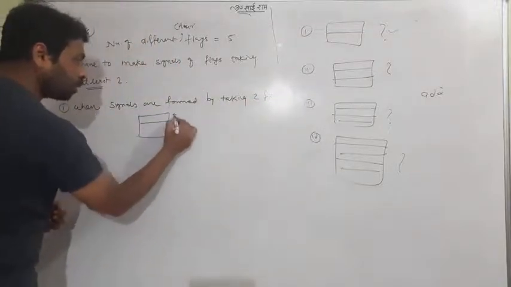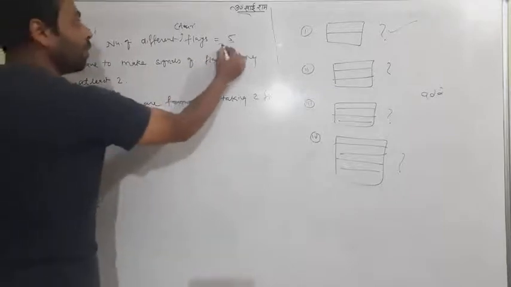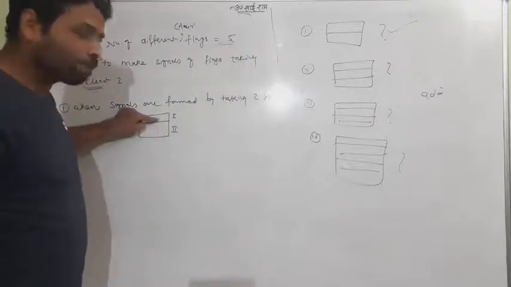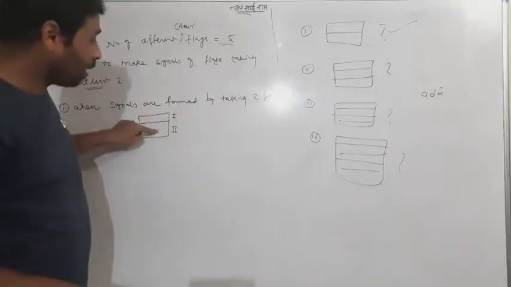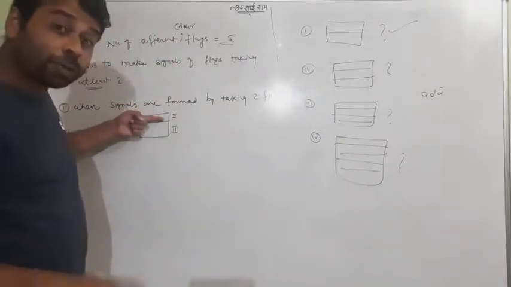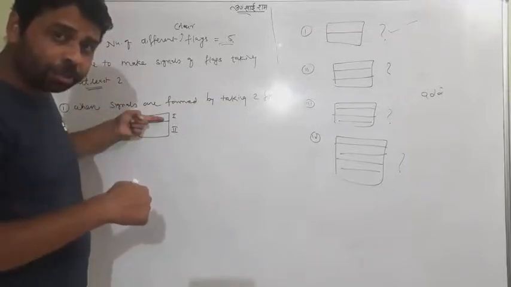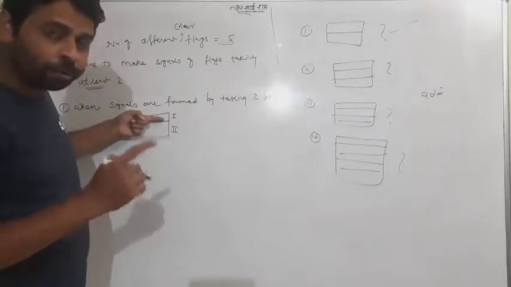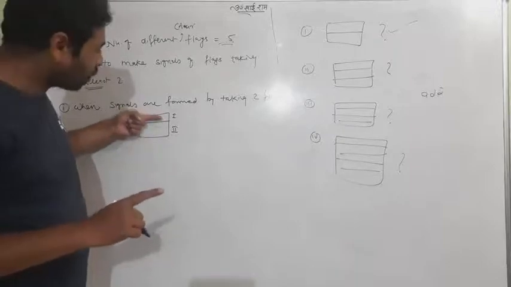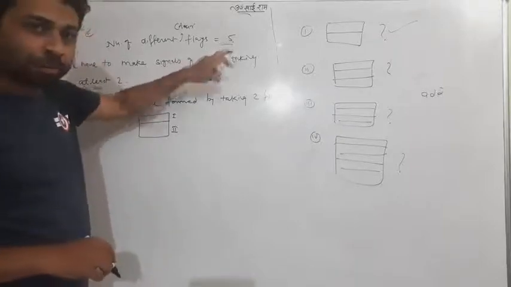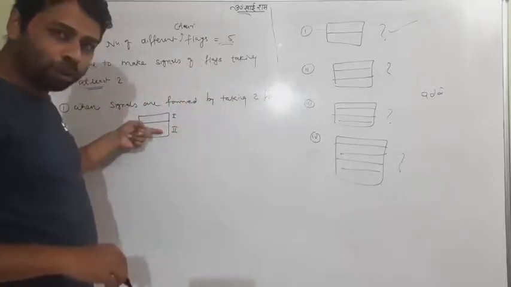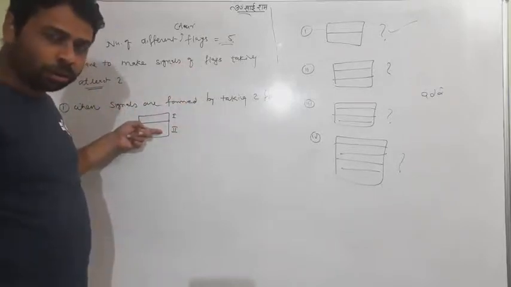This is the first place and second place. And how many flags do we have? 5. So this place can be filled in 5 ways. After using one here, the word different is coming here, meaning repetition is not allowed. The same color will not be used. So this particular place can be filled from the 5 flags in 5 ways, and the remaining 4 can be filled here in 4 ways.